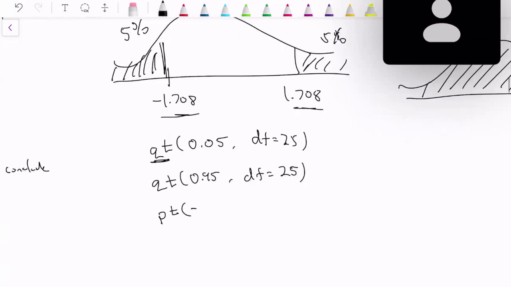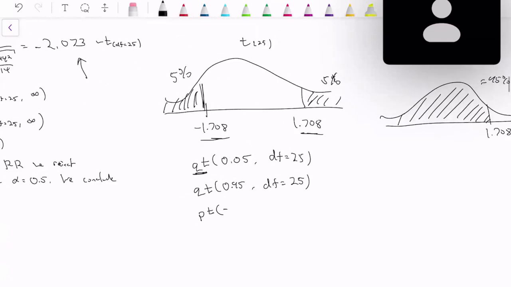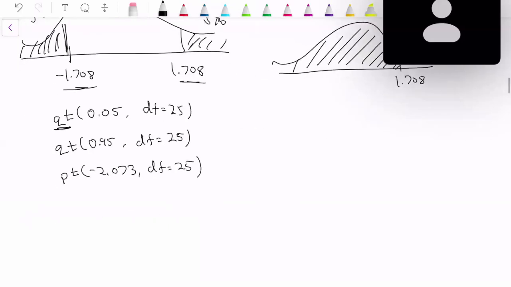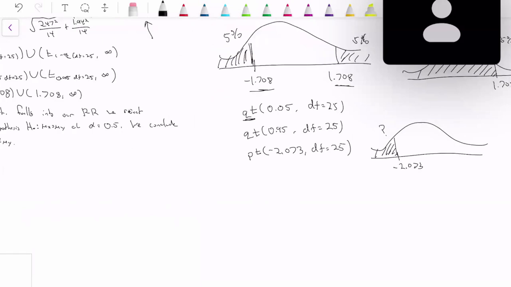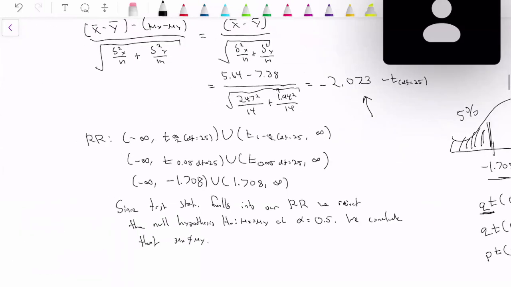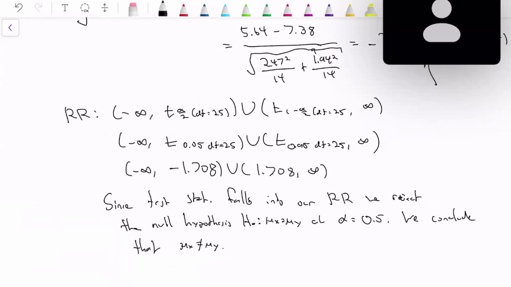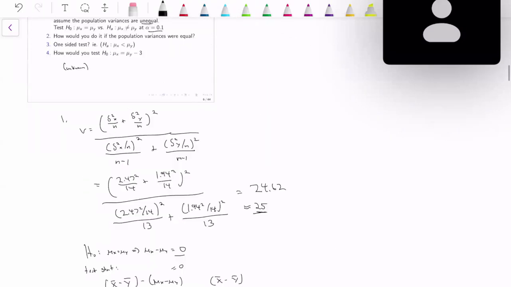So if you just put in pt negative 2.073, degrees of freedom equals 25, what that'll give you is this area here. But usually you'll be asked to just form the rejection region, I believe, and then make a conclusion. Anyways, any questions for part one?